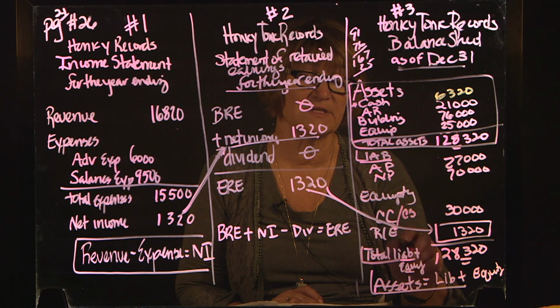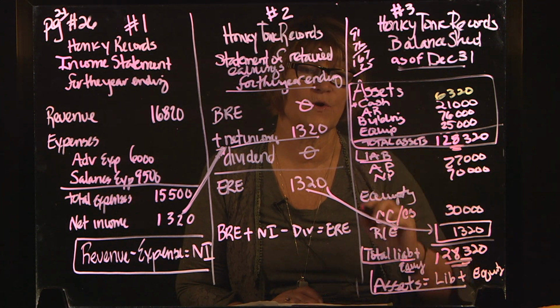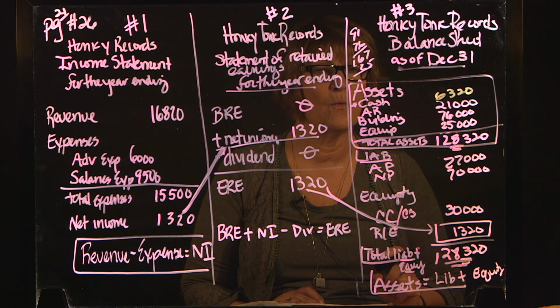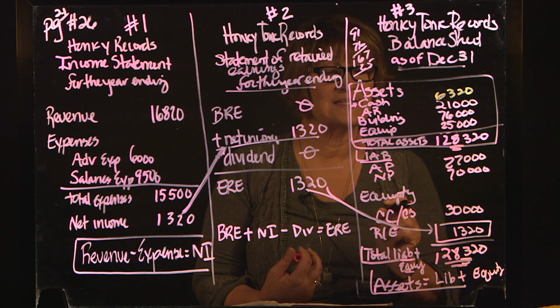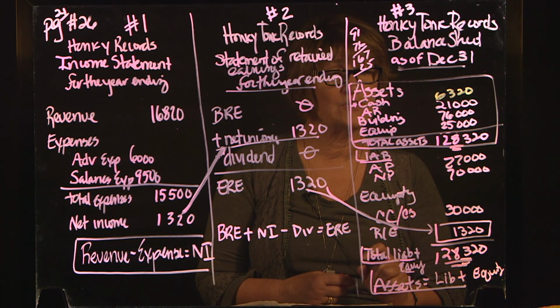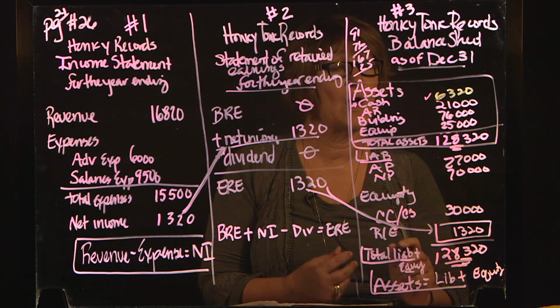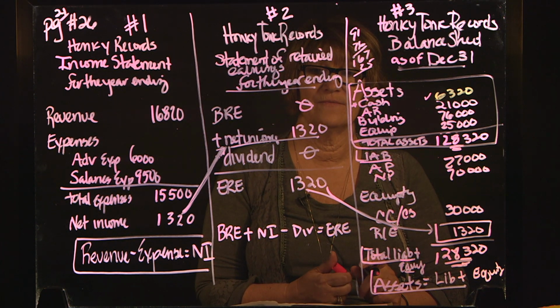Those two items, liabilities plus equity, must equal your total assets. If they do not, you need to go find out why, just like you and I did. We had 197 here and 128,320 here, and that's because I wrote down the number wrong. Simple things like that happen as we go.